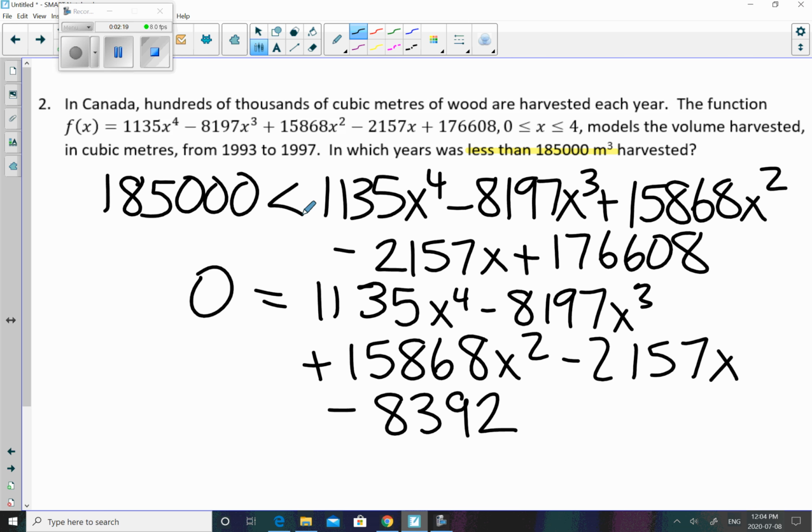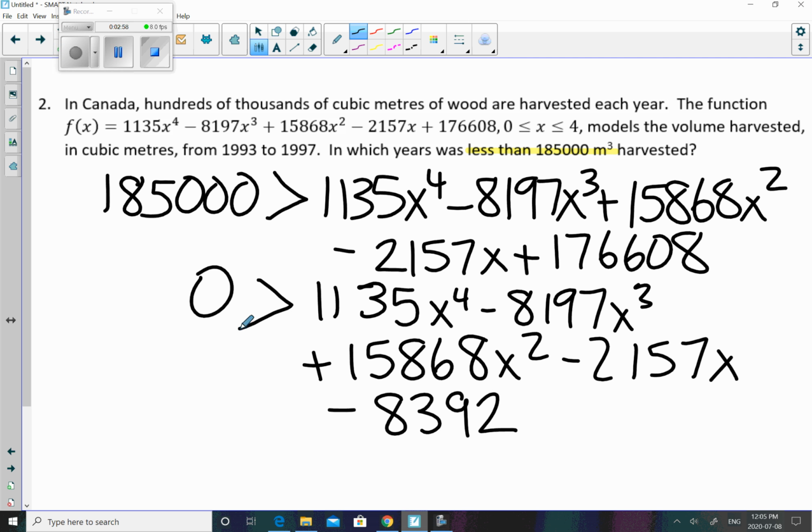When is this less than 185,000? So we want 185,000 to be larger on that side. I could write it the other way around, but I've already got it set up that way. So when is this modified equation, when I've subtracted 185,000 from both sides, less than 0?